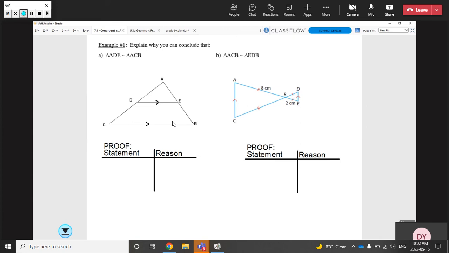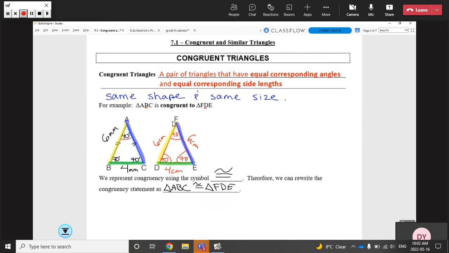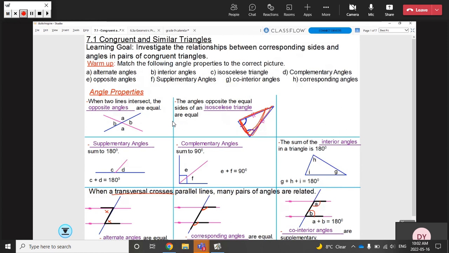Anyone see any equal angles? Any angles that are equal to one another? See any angle patterns? Like if we go back to that first page, do you see any angle patterns here in these bottom ones?